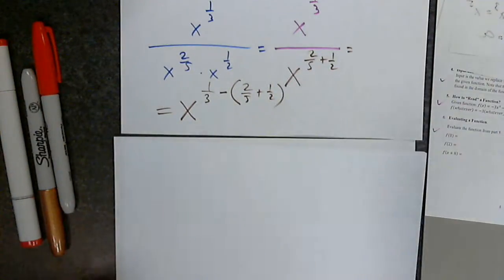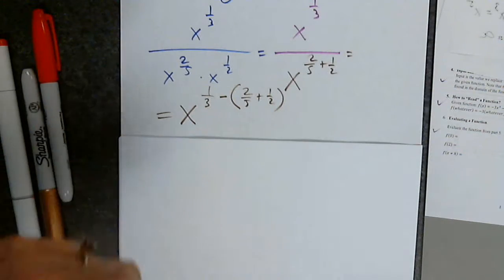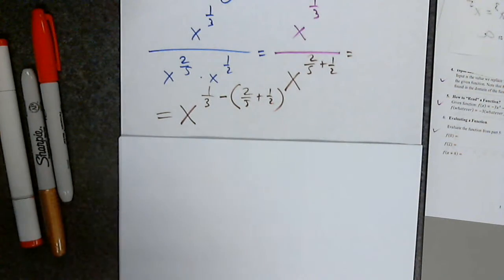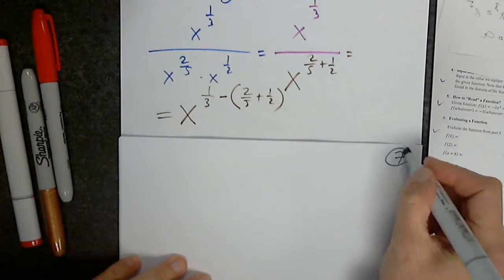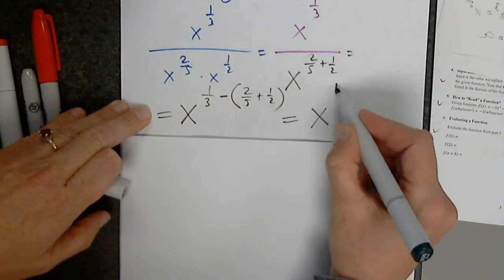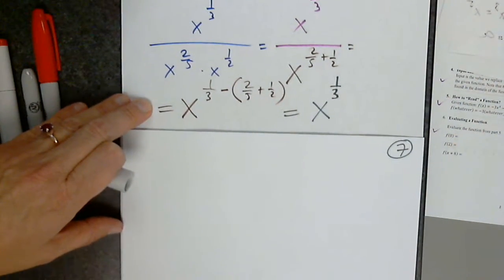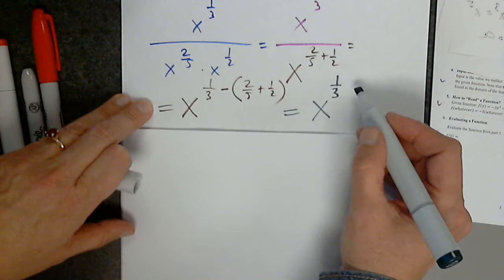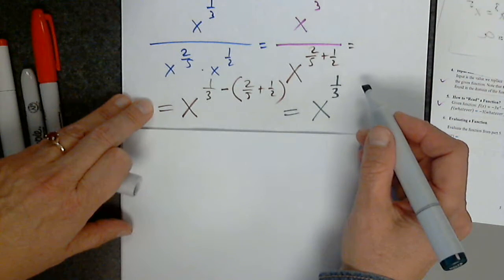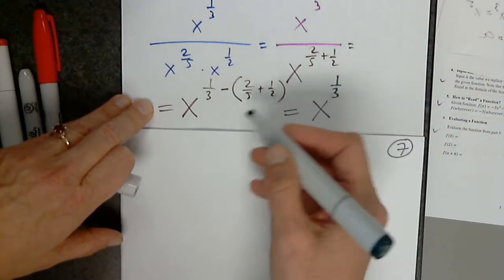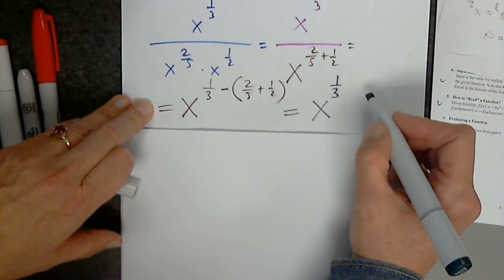Perfect. Now what is the next step? Copy the base, 1/3, and then what? What do I have to write? Let's distribute -1.